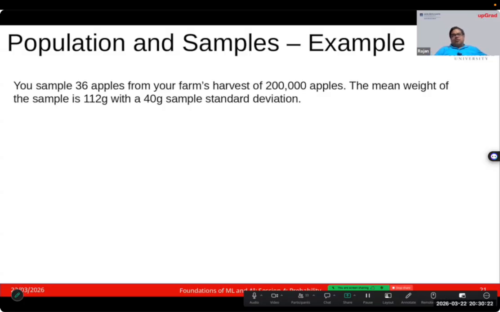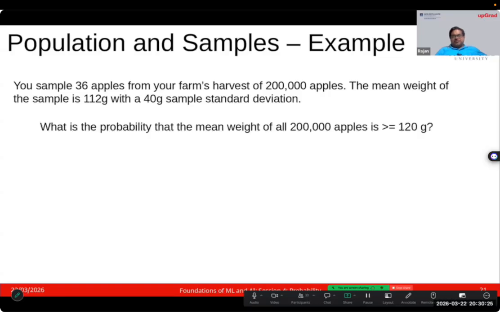Okay. So let's see how we answer this question. Here is the question I asked about. For this, we have to find, from this sample data, the probability of getting the population mean value greater than 120 grams.